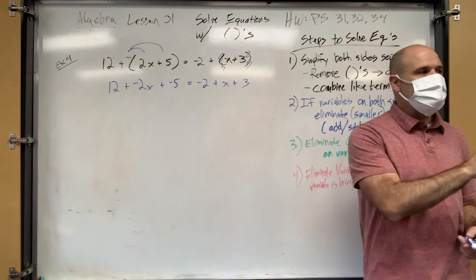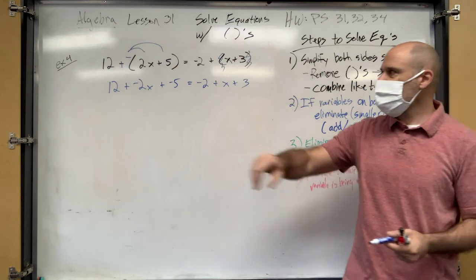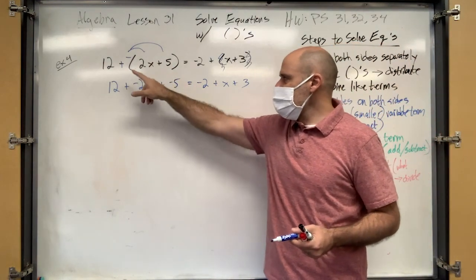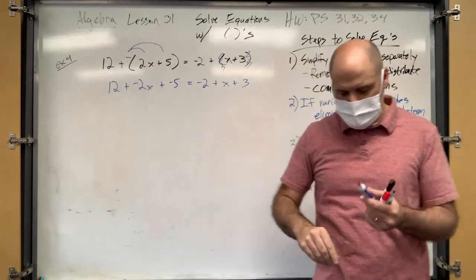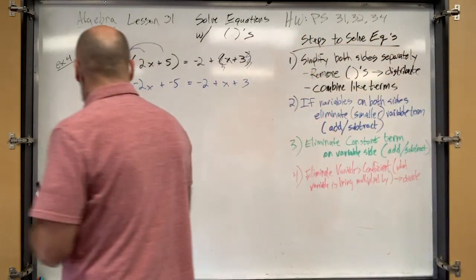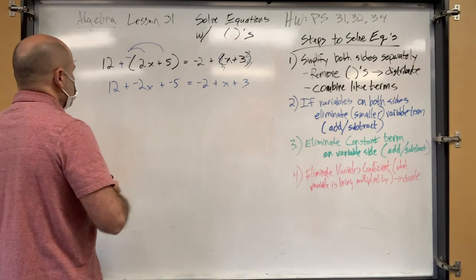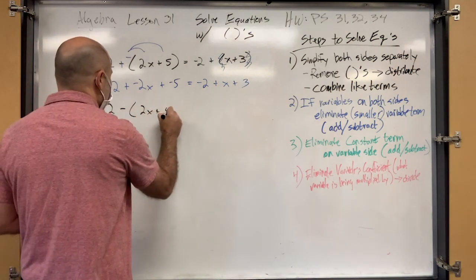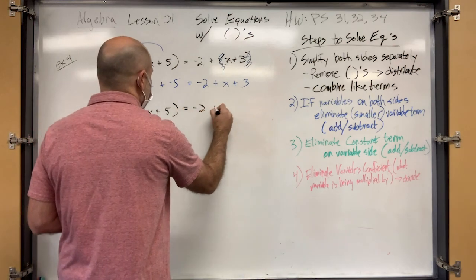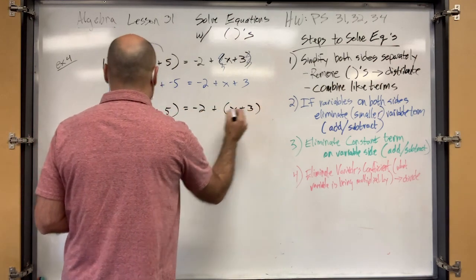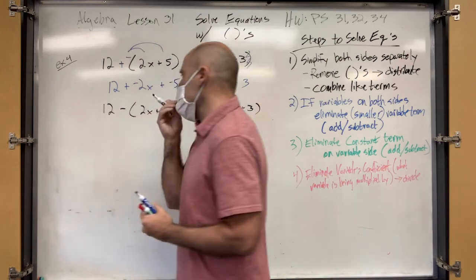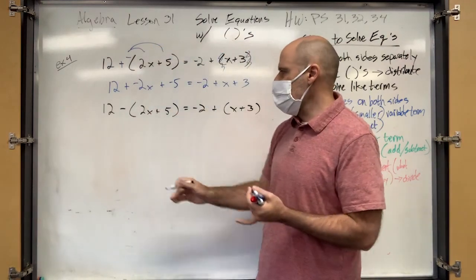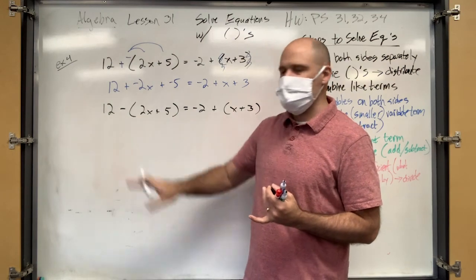So the biggest mistake that people make is that 5 right there. So you're subtracting a 2x and you're also subtracting a 5. So you can do it however you want. Let me just rewrite it. But be careful. So if I were to rewrite this, in your mind you can think about distributing a negative sign, but what Nathan said, you're distributing the subtraction.